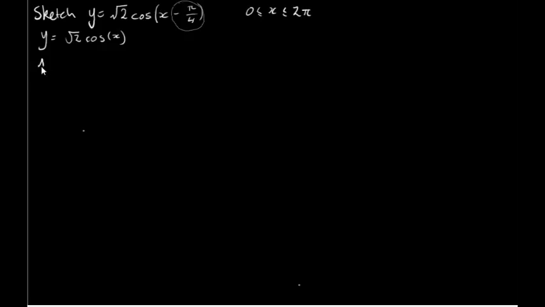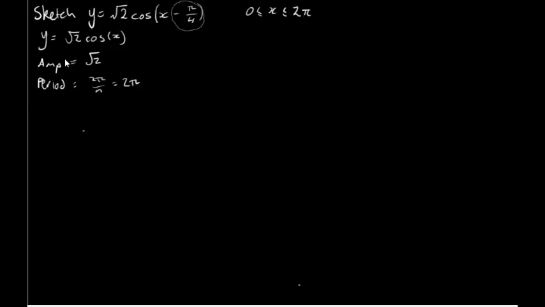So from here we can find the amplitude, and the amplitude is going to be the number multiplying the trig function, in this case square root 2. Like before, our period is going to be 2 pi on n. In this case, we've got 1, so it's just 2 pi.